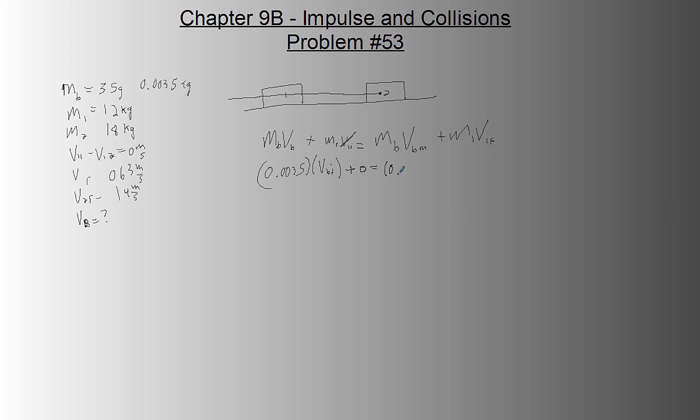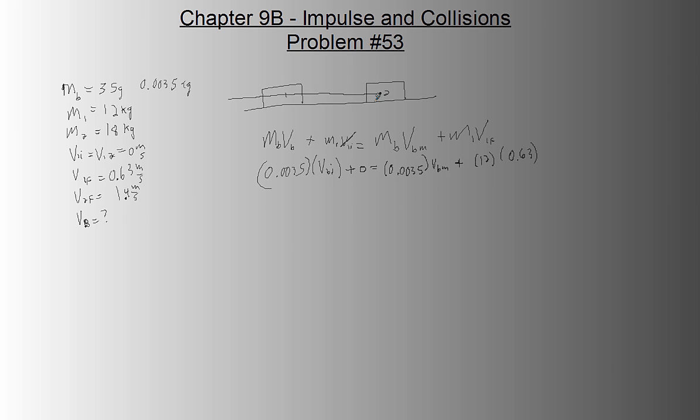Equals 0.0035 times VBM, and we don't know this speed either, the velocity of the bullet in the middle, plus mass of block 1, which is 1.2 kilograms, times velocity final of block 1, 0.63 meters per second. Well, we've got two unknowns here, so we can't go any farther.